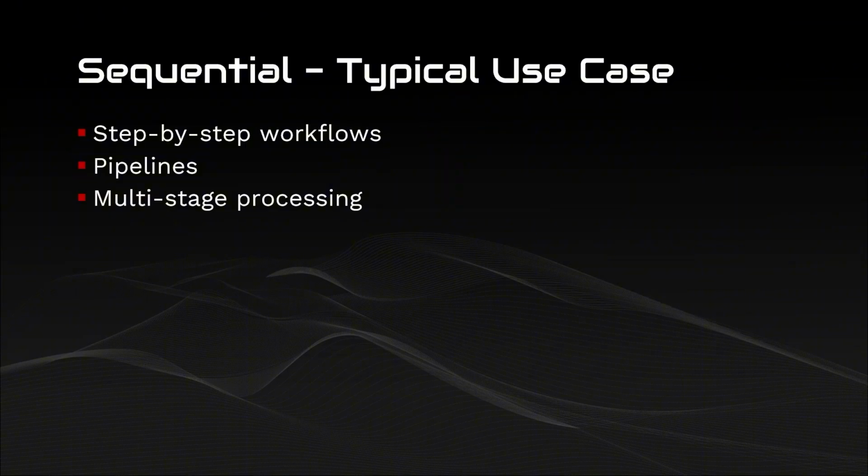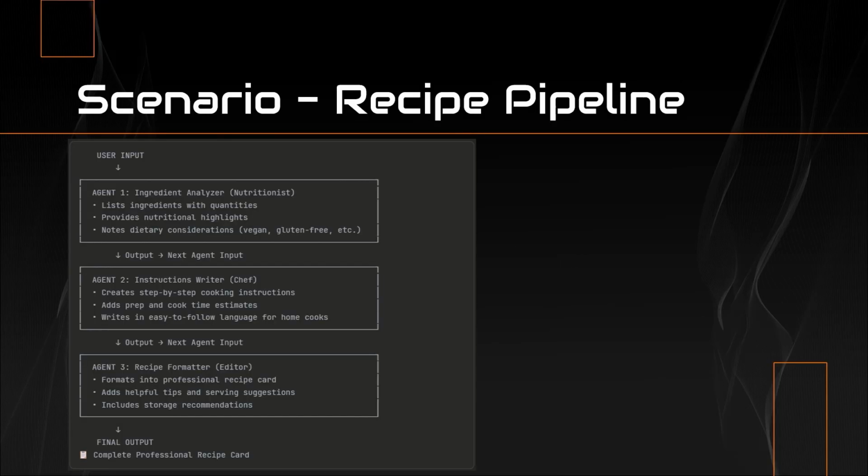But to understand better, we need a scenario, and we will implement it in our code. For this pattern, sequential, I have a recipe pipeline. Consider you have a user input, for example, I want to have a dinner with chicken, and then I have 3 agents for this purpose.